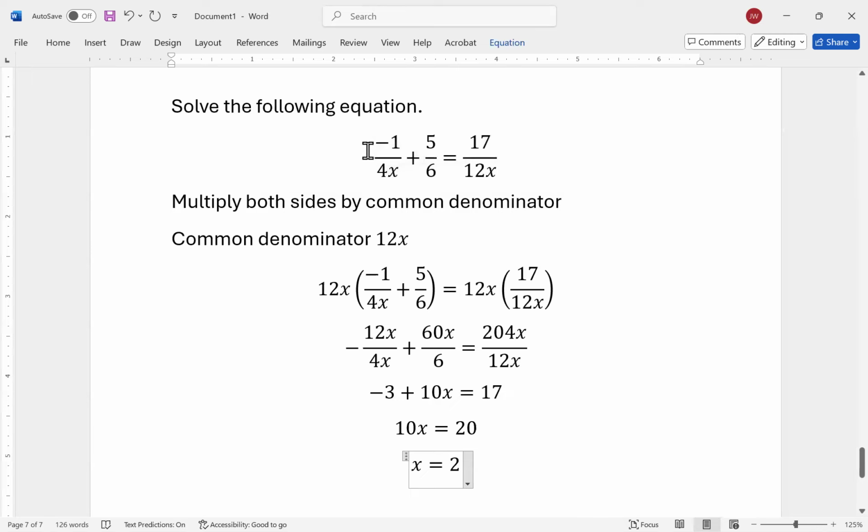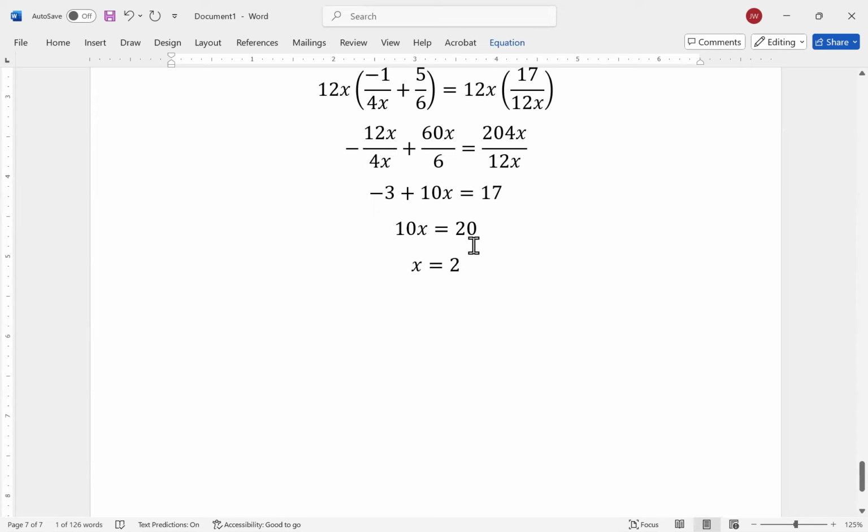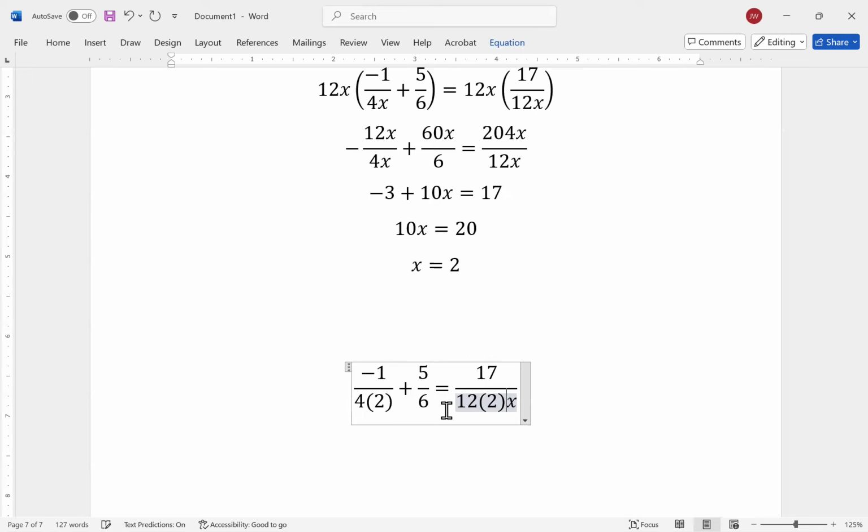And as always, if I want to check that, I can plug it in to this very first equation. I can check that by taking negative 1 divided by 4 times 2, plus 5 over 6 is equal to 17 divided by 12 times 2. This would be negative 1 over 8 plus 5 over 6 is equal to 17 over 24.